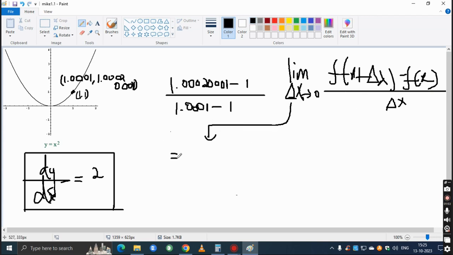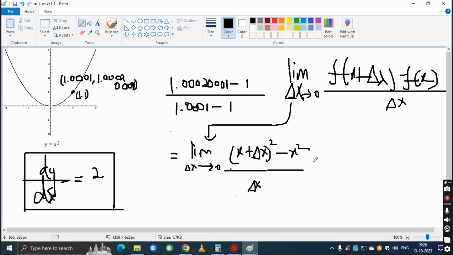This is equal to limit as delta x approaches 0, f of, now we know that f of x is equal to x square, so we have x plus delta x whole square minus x square, our original function, divided by delta x. Now if we just evaluate this limit, we'll have dy by dx.